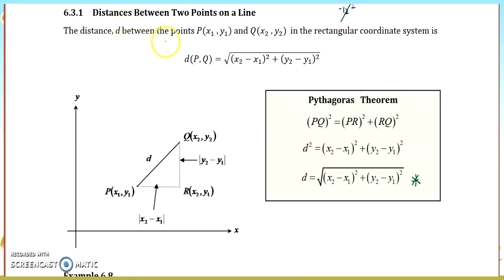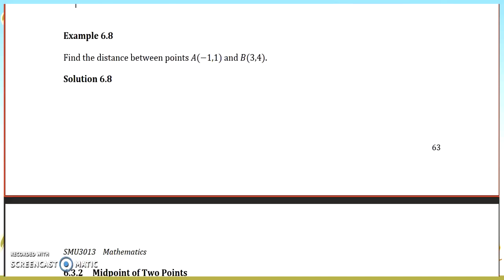The distance between two points P and Q on a line in a rectangular coordinate system is obtained from this formula, which is derived from Pythagoras' theorem. Remember this formula. Now, let's do example 6.8.